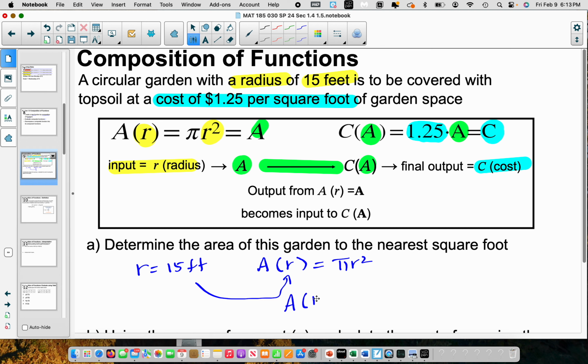Area at 15 feet is pi times 15 squared. That gives me the area of my garden, and to the nearest square foot, that equals 707 square feet.